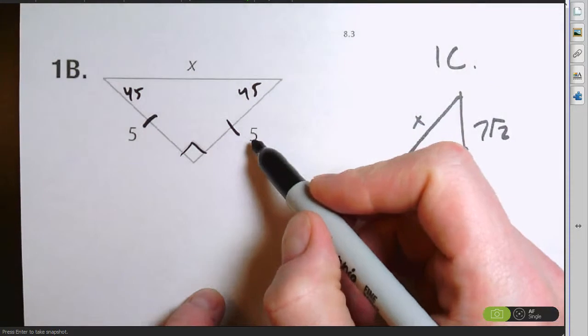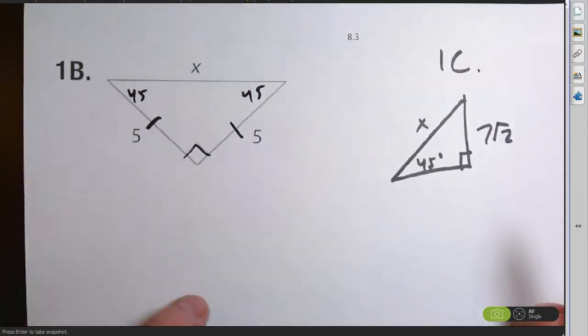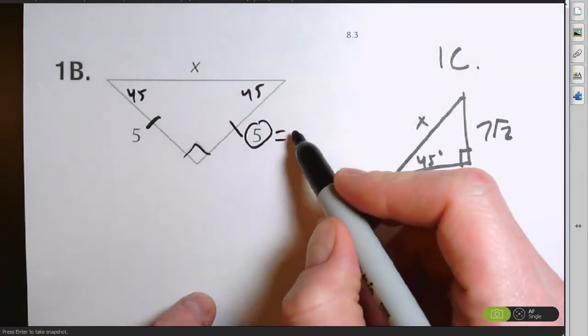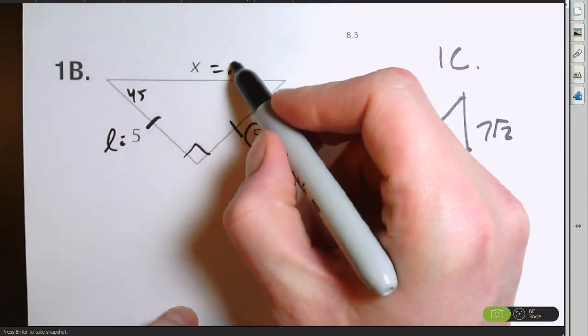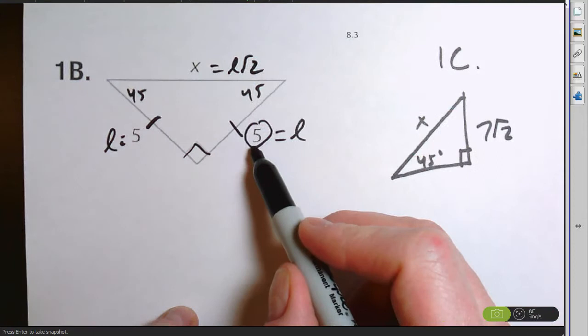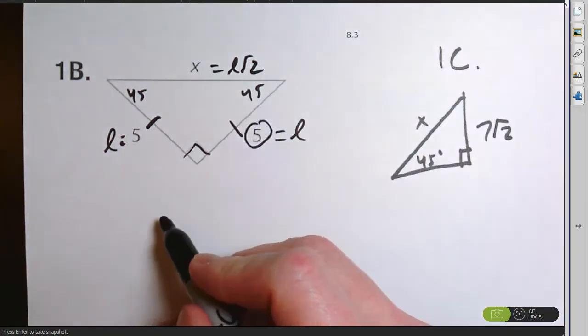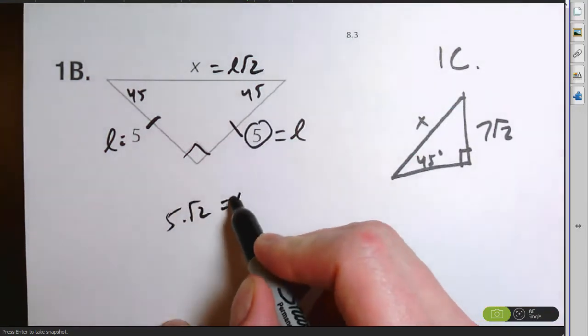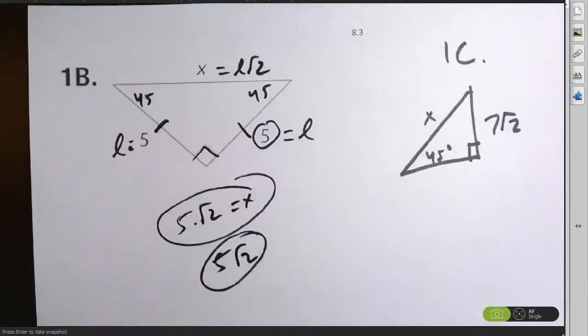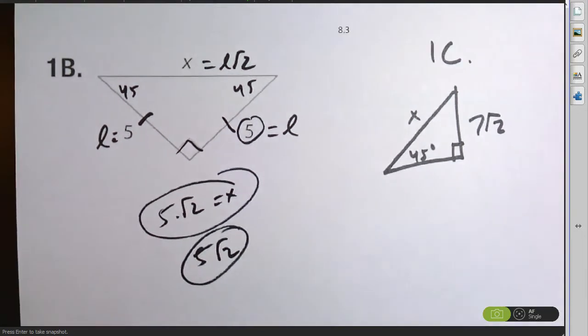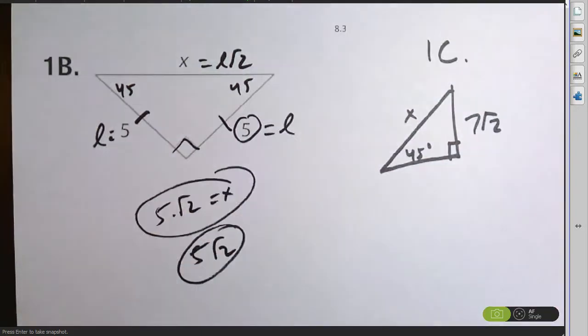So to go from the leg to the hypotenuse, the quick trick is take the leg, that's L, this is L here, the hypotenuse is L root 2, so take the leg and multiply by root 2, or 5 root 2. That's it. Kind of like the Pythagorean triples, the whole point of this is to make the process a little quicker.